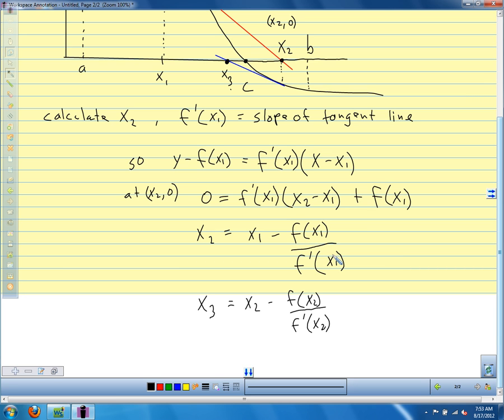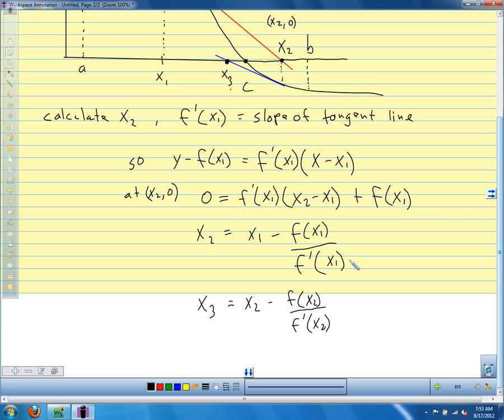Can we just use that general formula, or are we going to have to start from the beginning? Or can we just start with x2 equals x1 minus...? Oh yeah, no, you don't have to start with this. This is Newton's method.